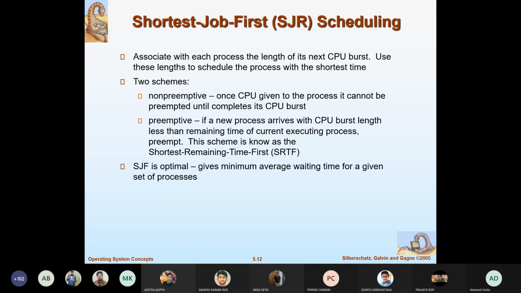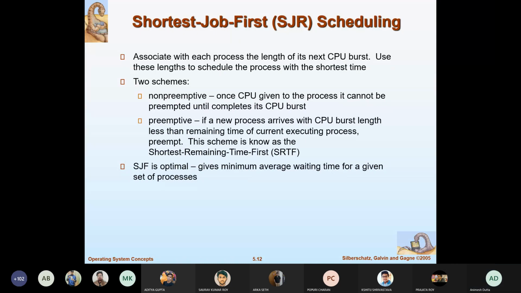Now, this can be of two types. The shortest job first algorithm can be of two types. It can be preemptive type. It can be non-preemptive type.